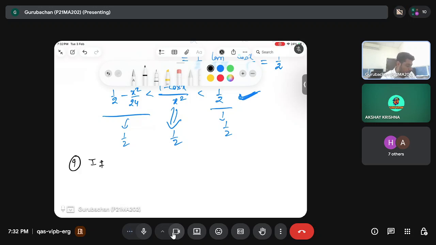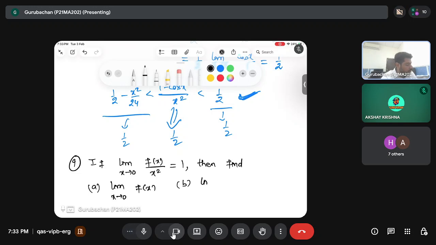If limit x tending to 0 of fx by x square is 1, then find, a part, limit x tends to 0 of fx, and b part, limit x tends to 0 of fx by x.